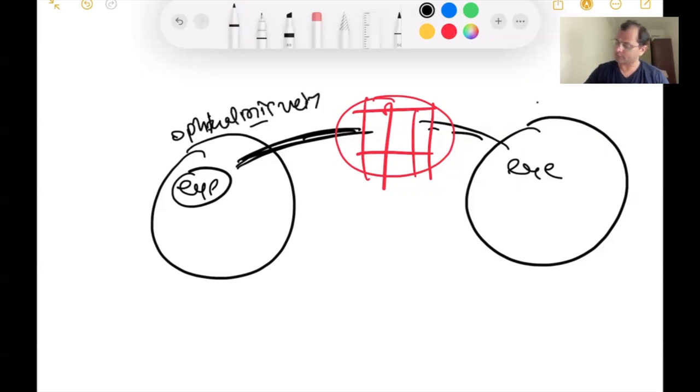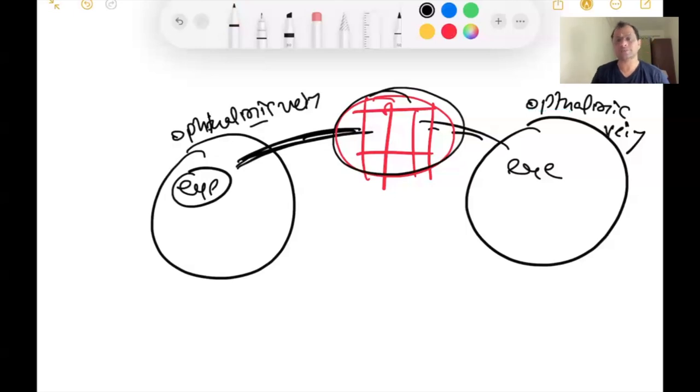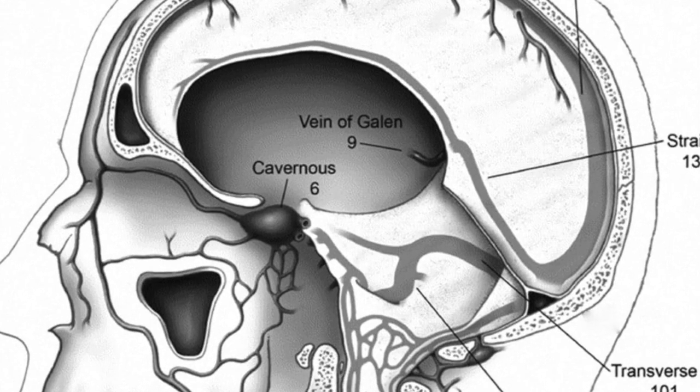And also from the left side, the ophthalmic vein is coming. The blood is getting collected at one place. The name of that area is cavernous sinus. This is one eye, this is the other eye. Both eyes bring the blood, and the blood gets collected in the cavernous sinus.